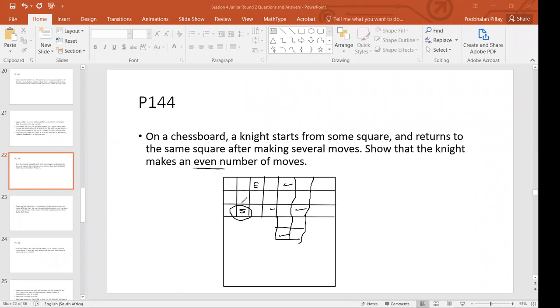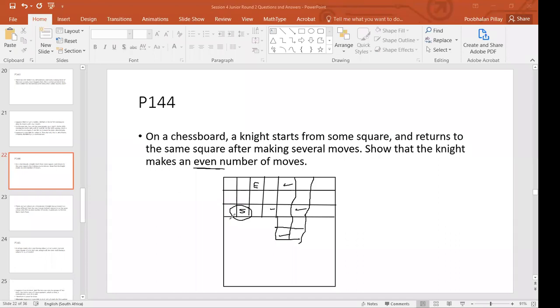See, you can move here, right? Then you can move here. Then you can move here. Then you can move here. You can move many moves. You don't know how many moves. You may take 100 moves. You can go all around and refuse to come back. But eventually it can come back. The total number of moves that it makes, you want to prove that it's an even number of moves.